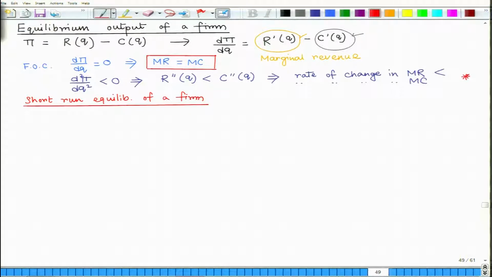So, here we assume that our representative farm is a price taker.